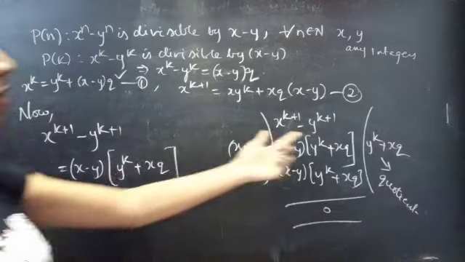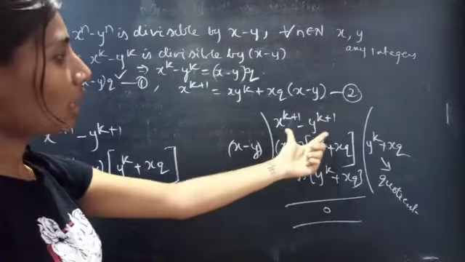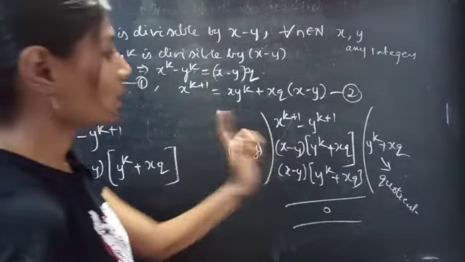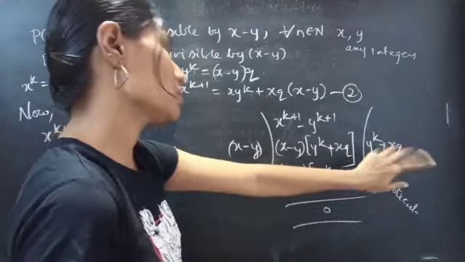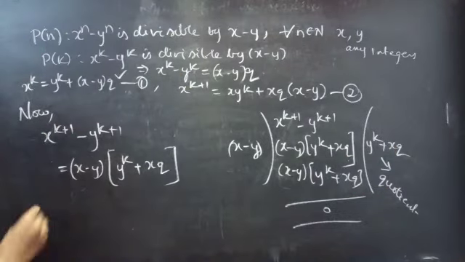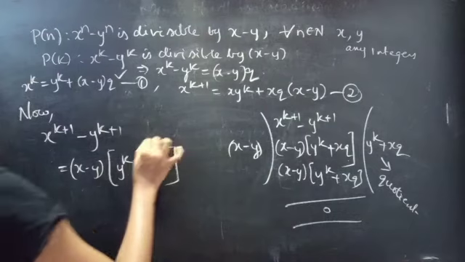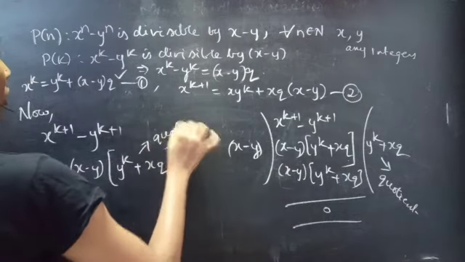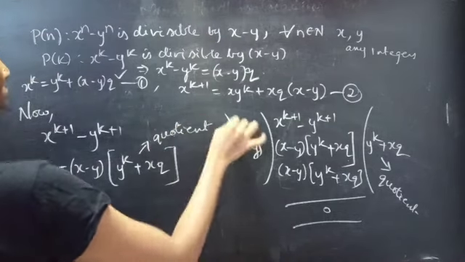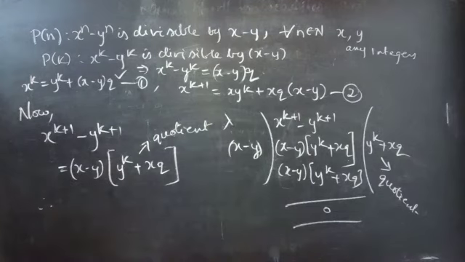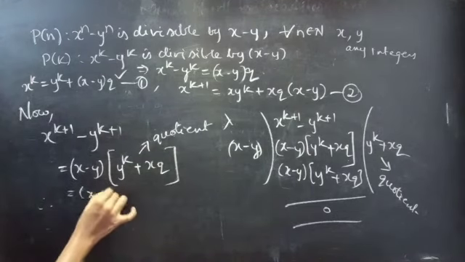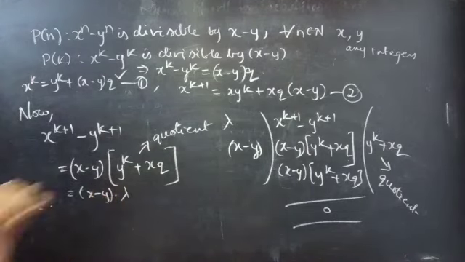So x power k plus 1 minus y power k plus 1 is divisible by x minus y, leaving quotient y power k plus x cube, right? Therefore this is a quotient. You can name it as some lambda if you want. Then you'll get x minus y into lambda.